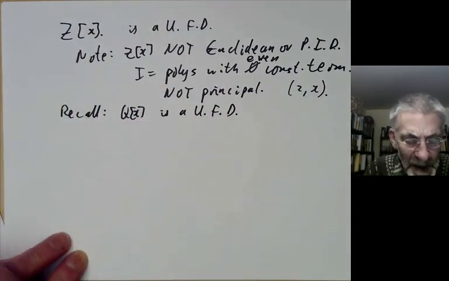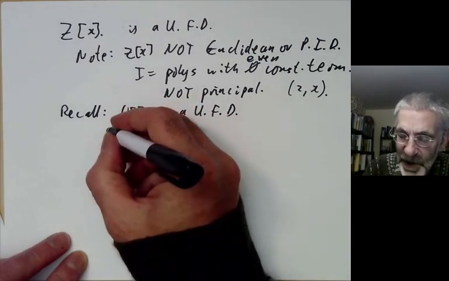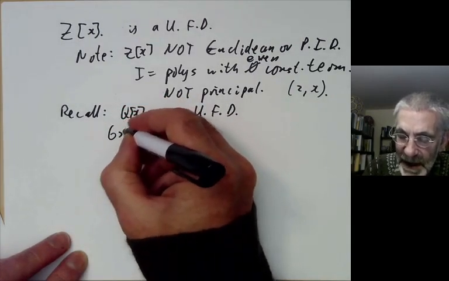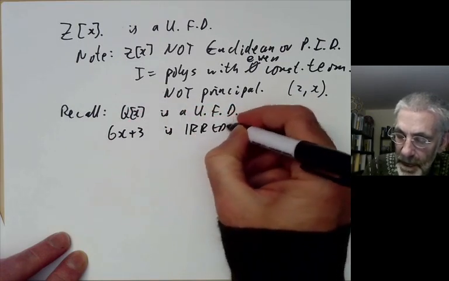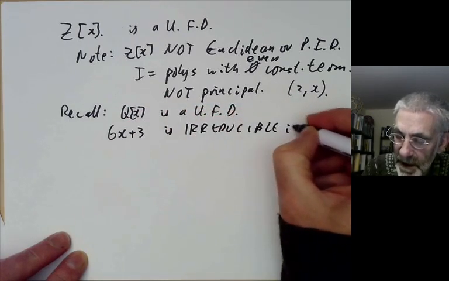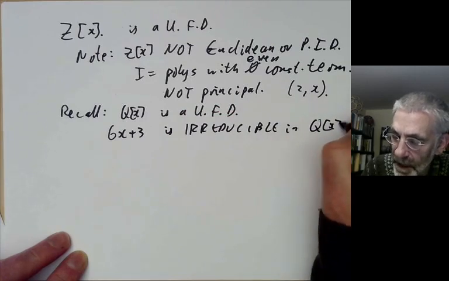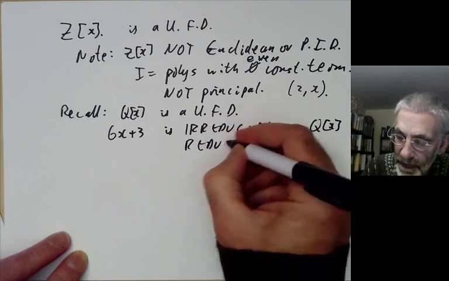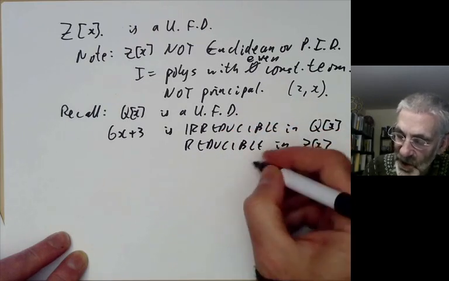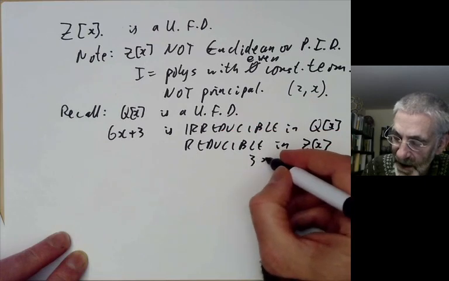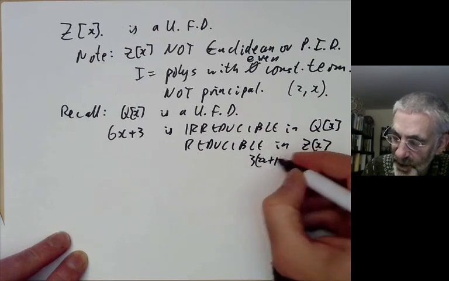Well, you have to be a little bit careful because if you take a polynomial like 6x plus 3, this is irreducible in Q[x], but reducible in Z[x], because in Z[x] you can write it as 3 times (2x plus 1).